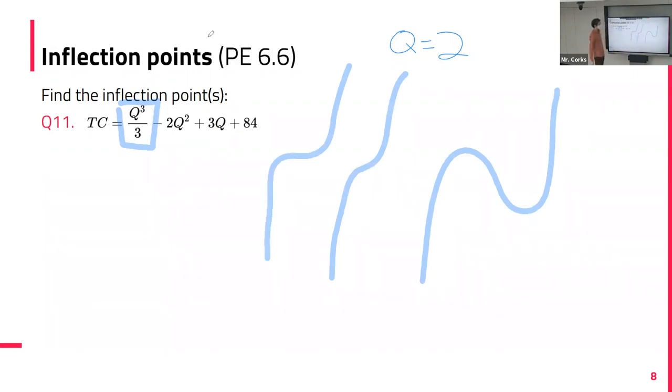It's one of these 3 things. So what is the highest number of turning points that's possible? So turning points, most that's possible is 2. It could be 0 or 0 here. So based on that, what's the most number of inflection points? 1 here in the middle.